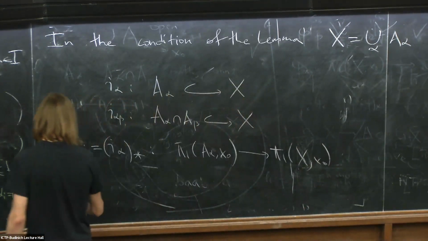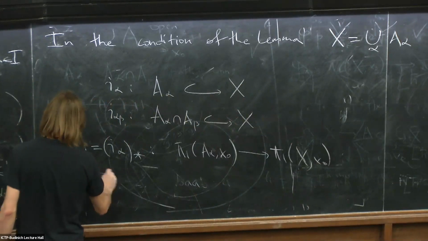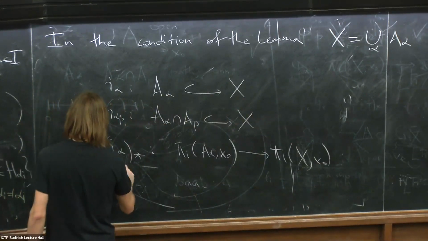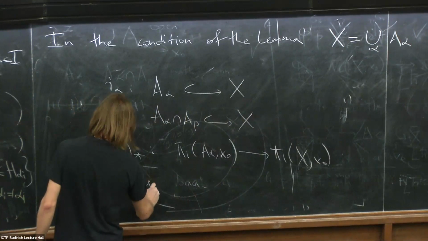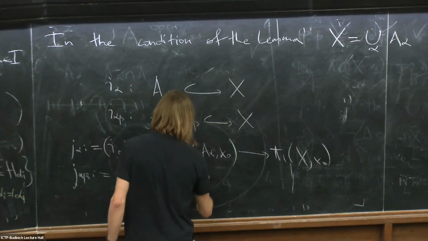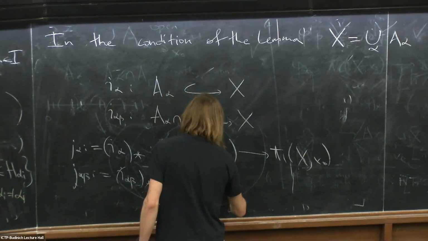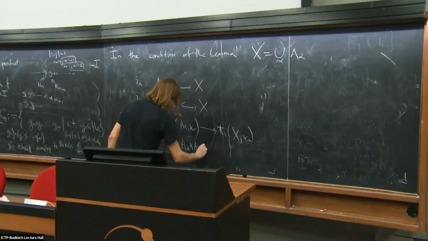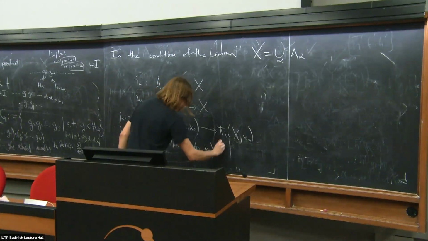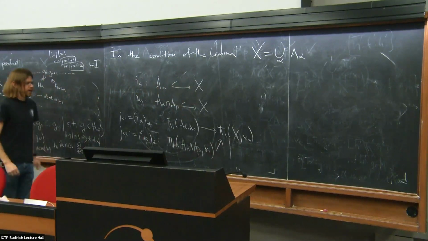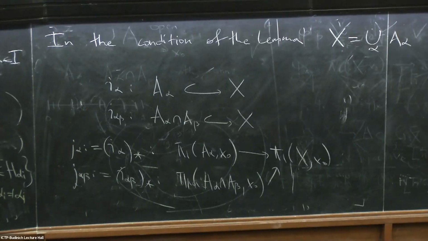And similarly, J alpha beta will be the push forward of this inclusion, the map from pi 1 of A alpha intersected with A beta, X0 to the same pi 1 of X. So this is just notation.